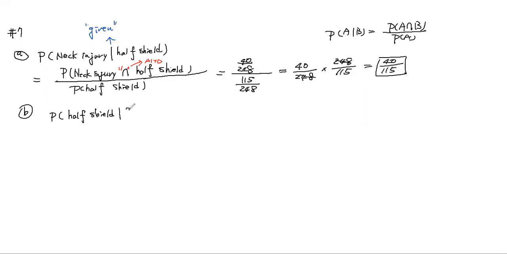So here you will have the probability of the full shield. This is a half shield, and full shield.